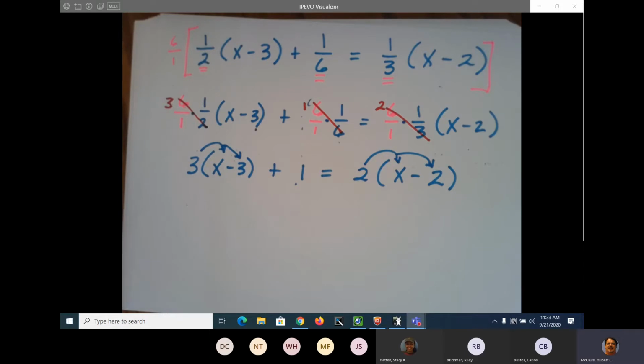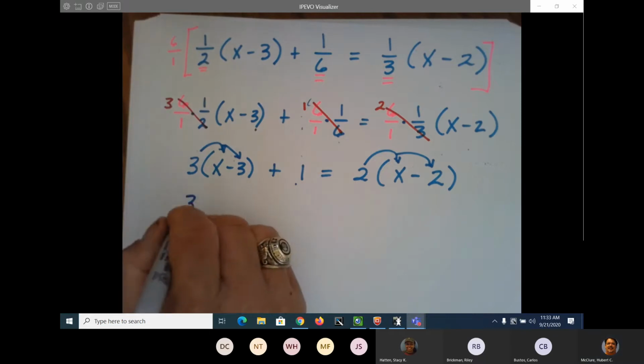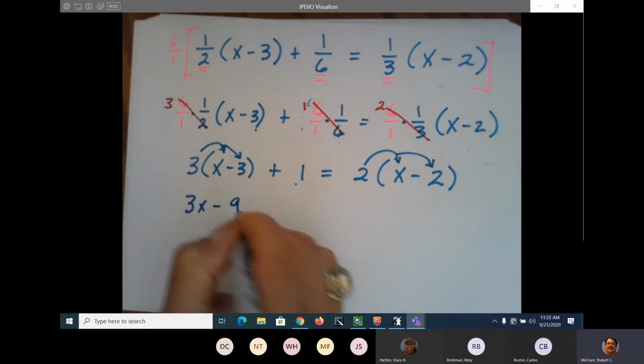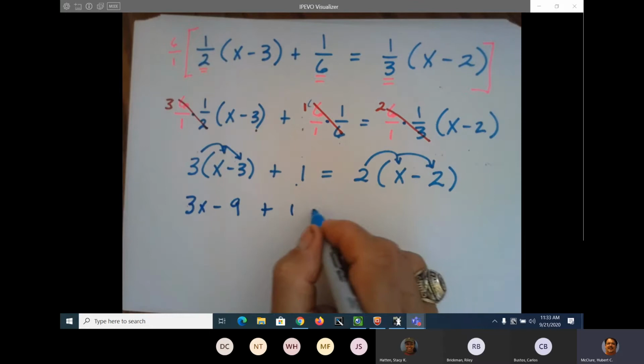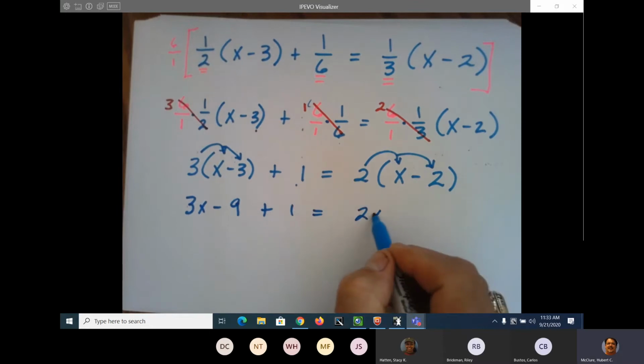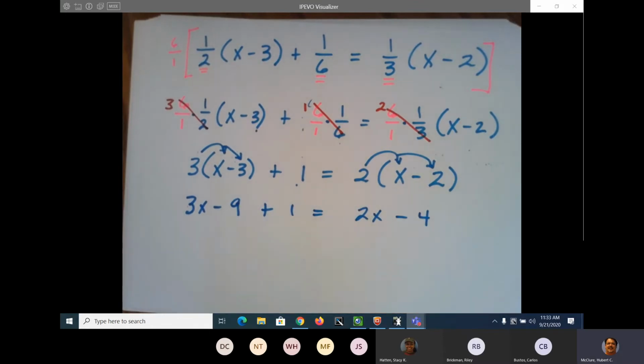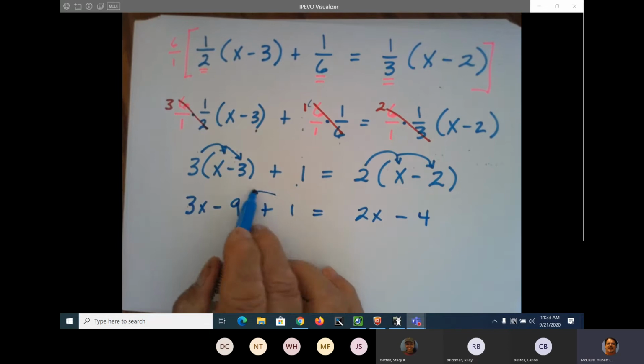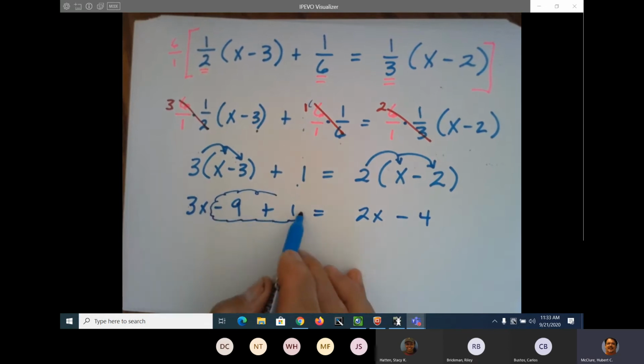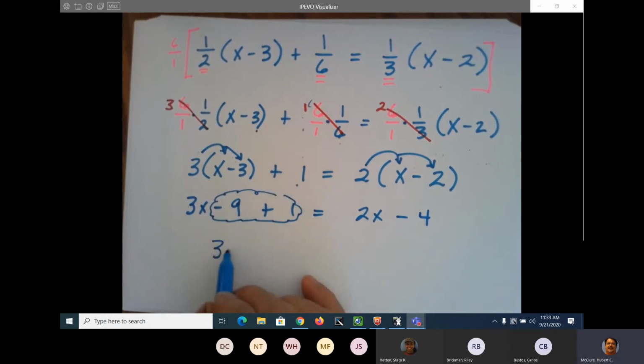All right, so that's going to be 3x minus 9 plus 1 equals 2x minus 4. Combine like terms before we do anything. 3x, you owe $9. You have $1. You still owe $8.